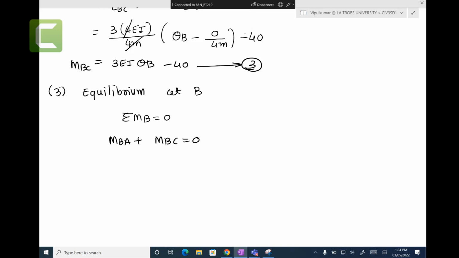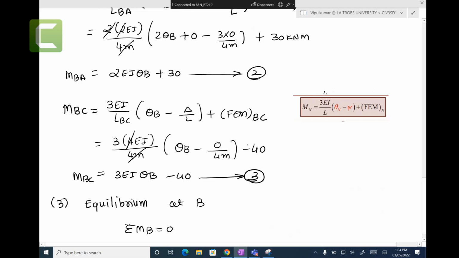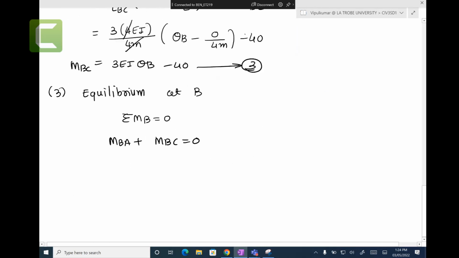So let's substitute the values. MBA we found here: 2EI theta B plus 30. Plus MBC: 3EI theta B minus 40. Yes, please, sorry, the direction of the moment? Not really. We just sum them up as they are. Theta B might get positive or negative, but just sum them up.